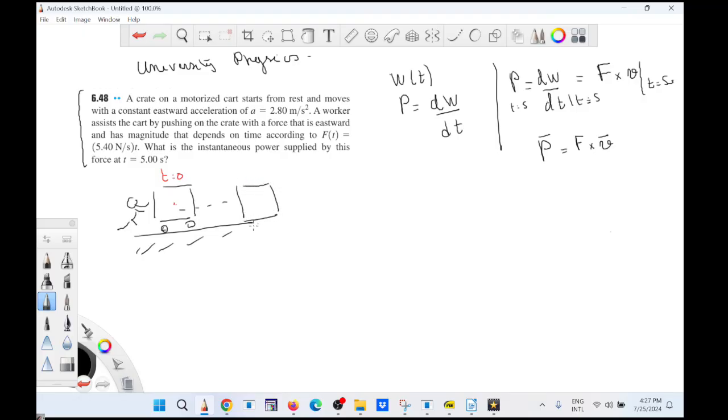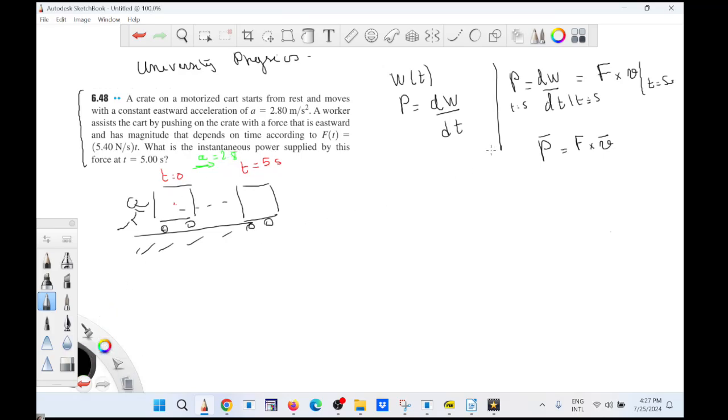And it's gonna have a speed. So here we want to find out t equals 5 seconds. So it's gonna speed up. And the force is increasing with time. So he or she is pushing harder. The acceleration is constant and it's going to be 2.8.